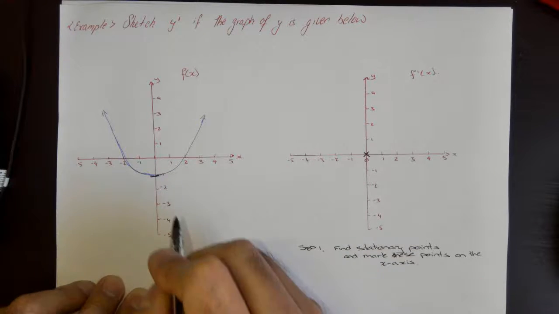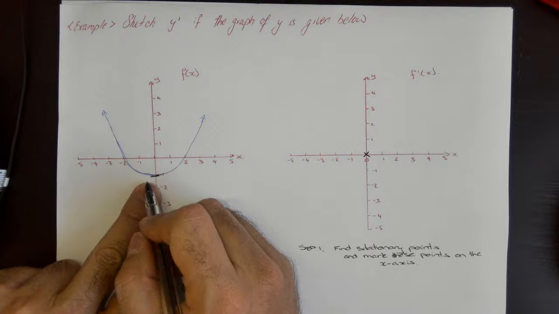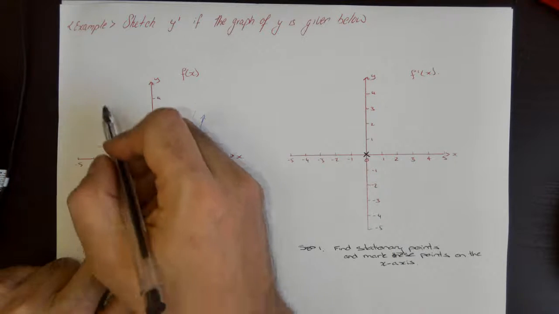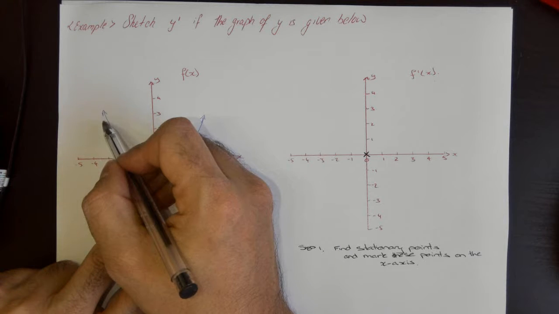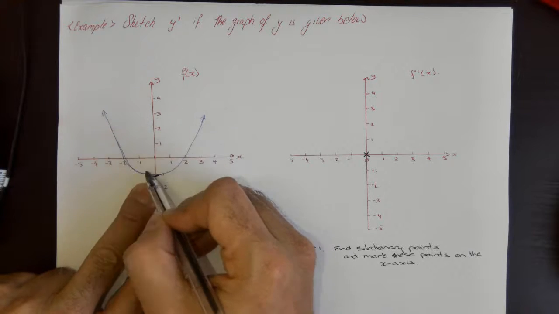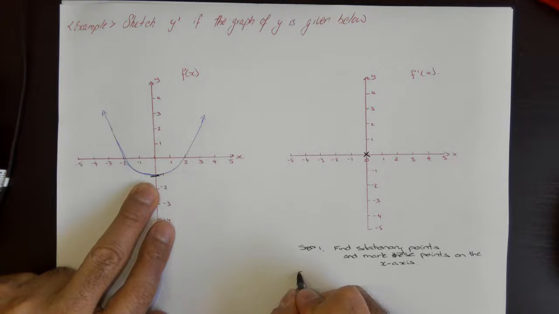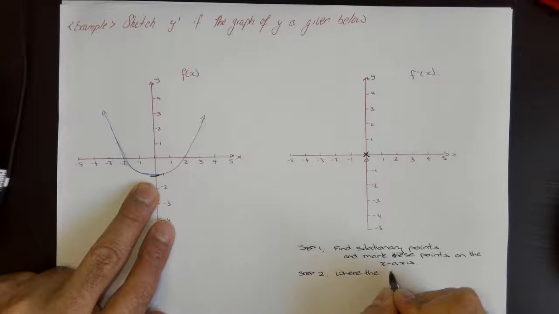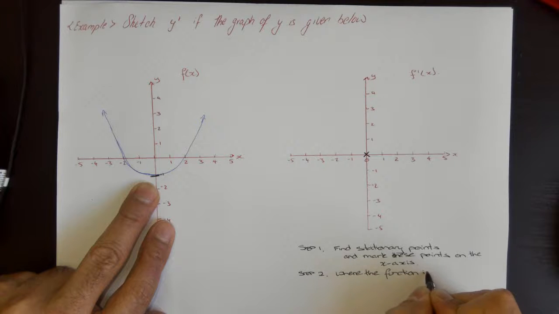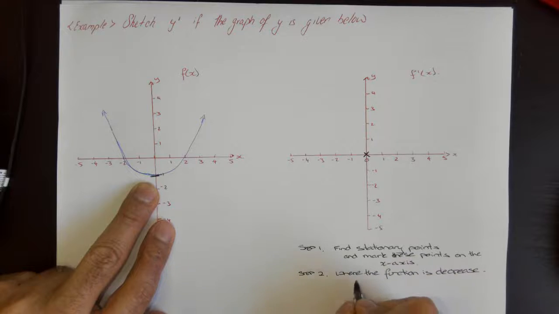Between stationary points, I've only got one, so I need to look at what's happening on the left, and here the function is decreasing. Where the function is decreasing, we draw this under the x-axis.